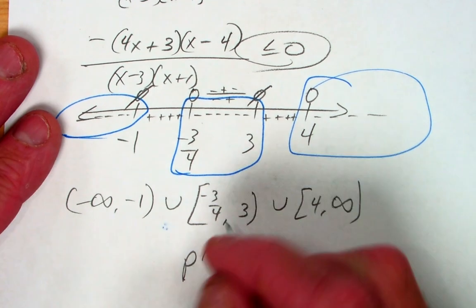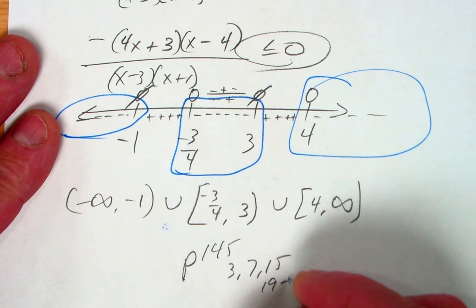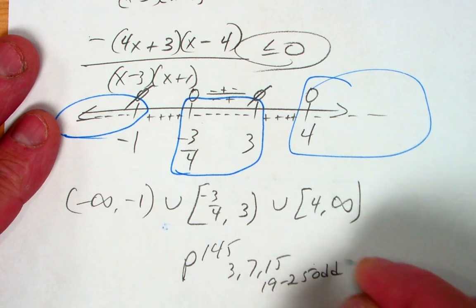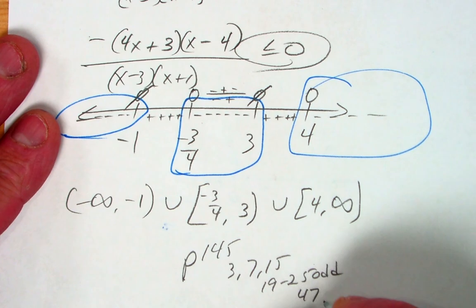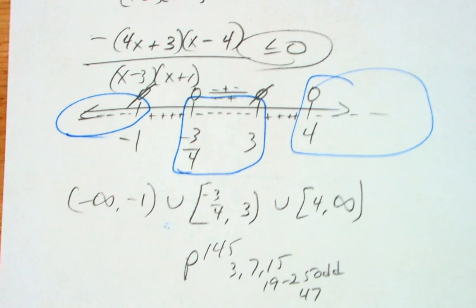Page 145. 3, 7, 15, 19 through 25, odd, and 47. 47, you're probably going to have to use some of your skills with throwing things on the shelf.